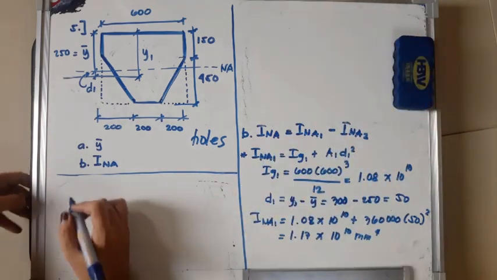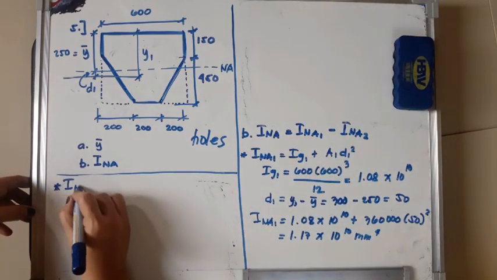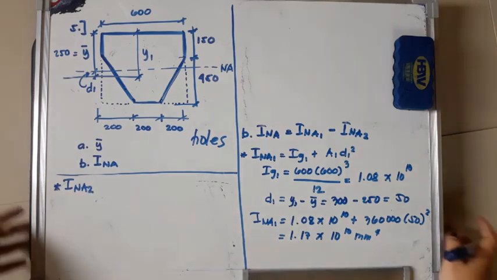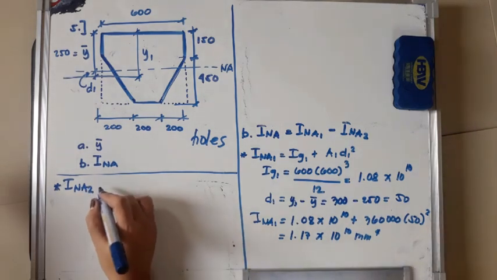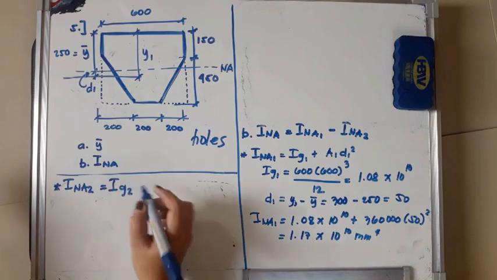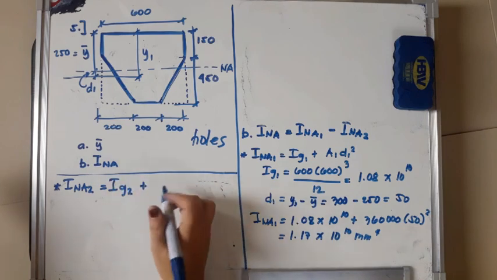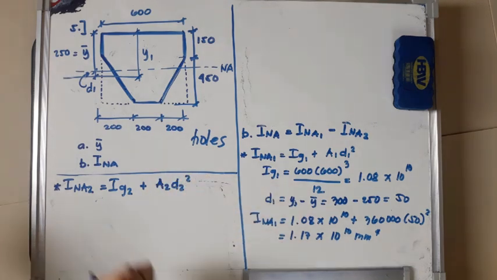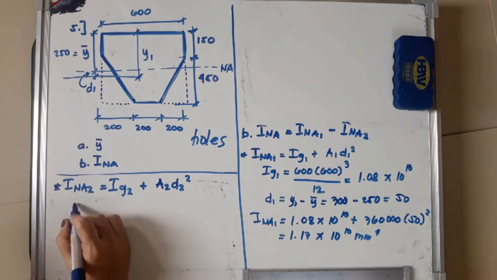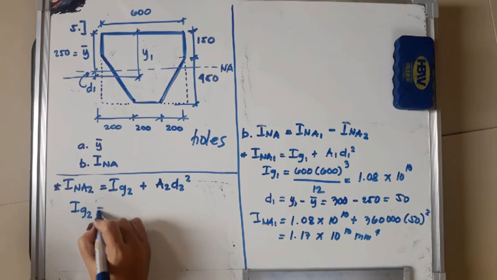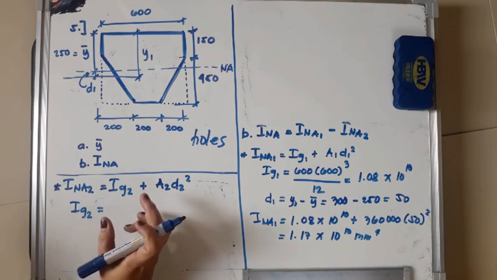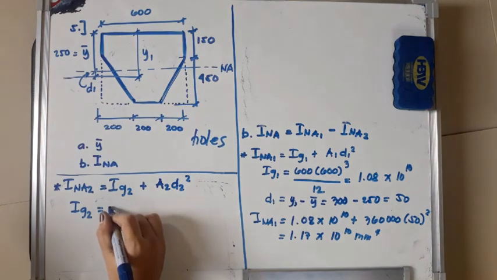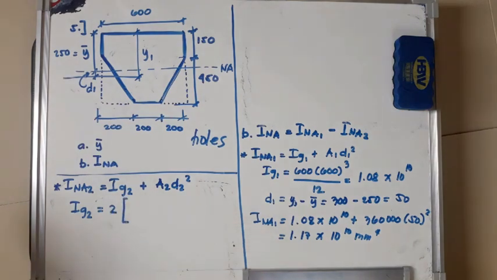Okay. So solving for I of A2, I of A2 is Ig2 plus A2 D2 squared. Okay? So what's our Ig2? Ig2 is, since we have two triangular holes here, 2 times, what's the Ig for a triangle? It is BH cubed over 36.